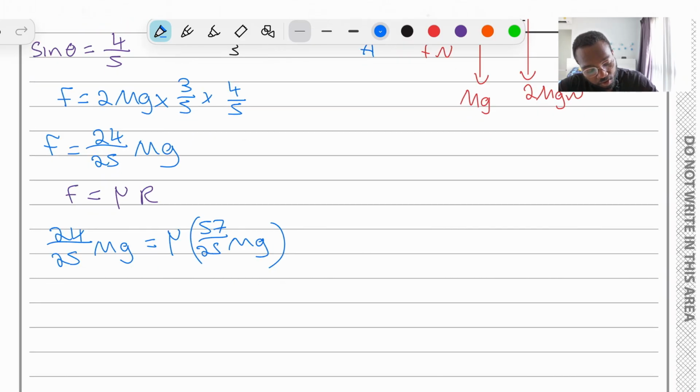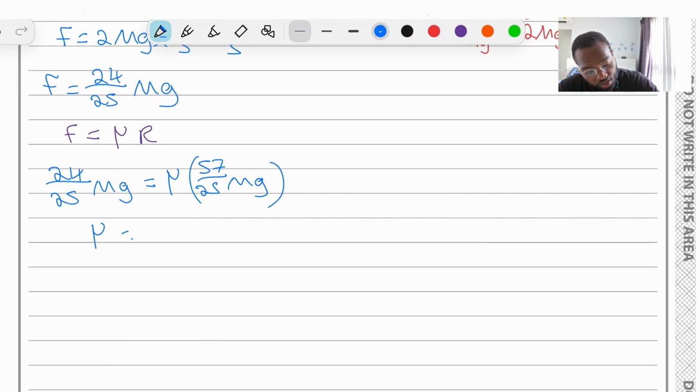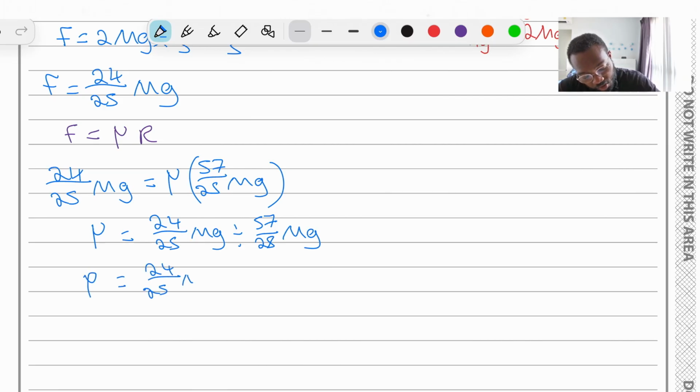So therefore, mu is just going to be 24 over 25 mg divided by 57 over 25 mg, and that is the same as saying 24 over 25 mg times 25 over 57 mg, my handwriting's bad.